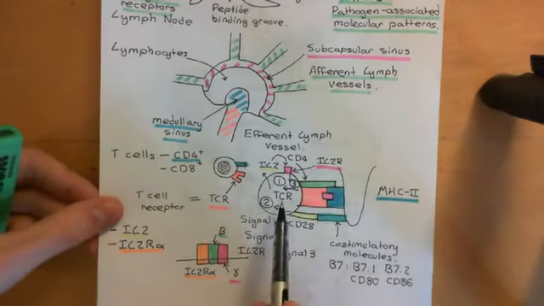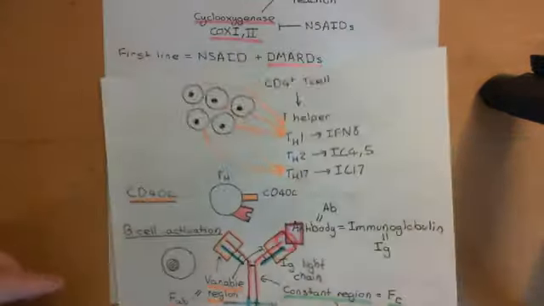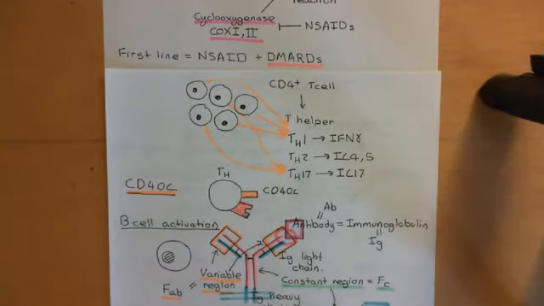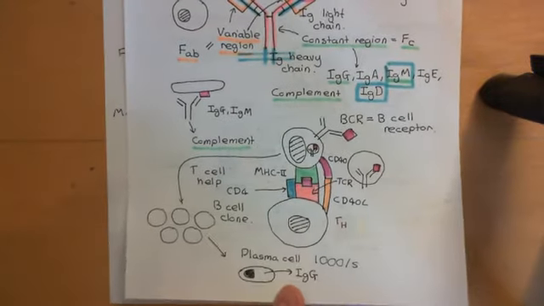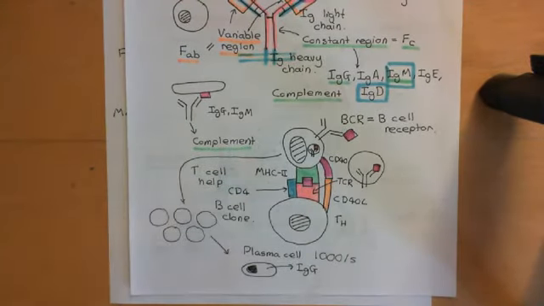When you activated the CD4 positive T cell, the first thing it did was it divided and divided and divided to produce a huge population of identical T cells, and then these can all go on to differentiate into T helper cells. Similarly, when we activated B cells, what did they do? They clonally expanded. They produced loads of identical B cells, which could then differentiate into plasma cells.